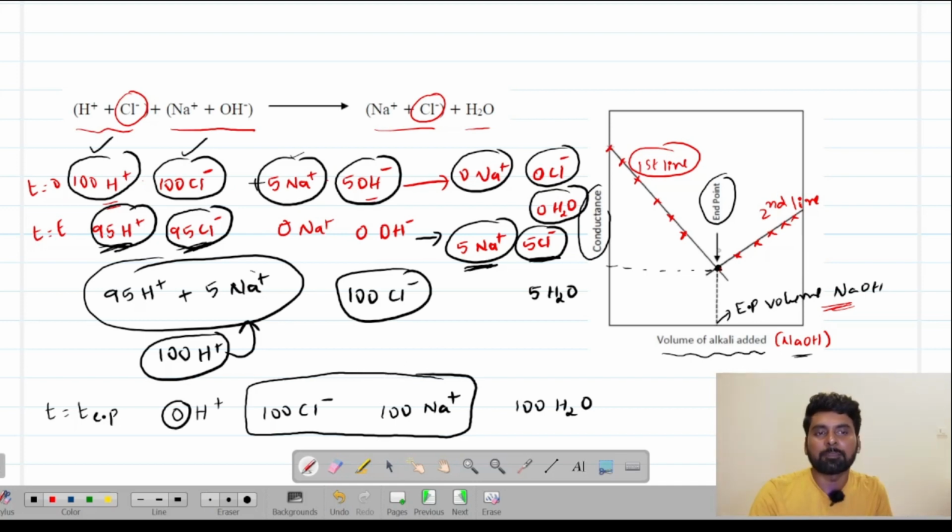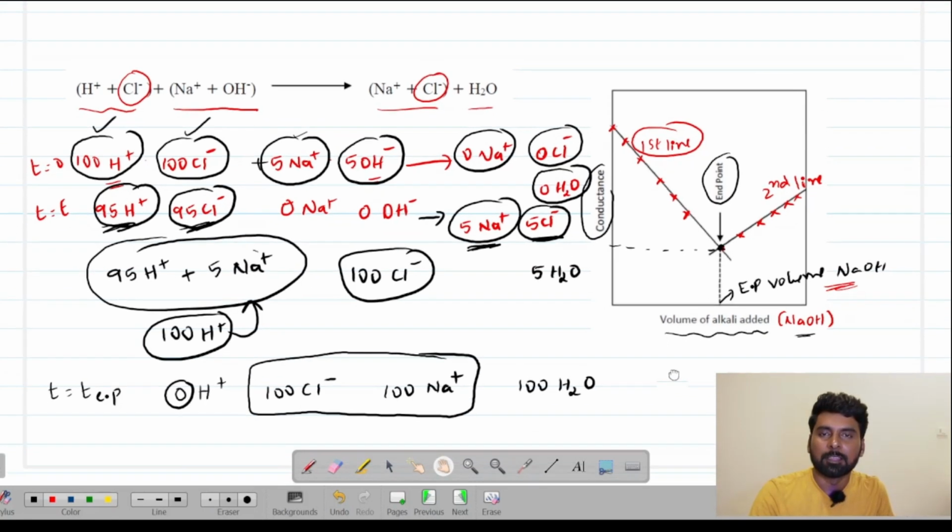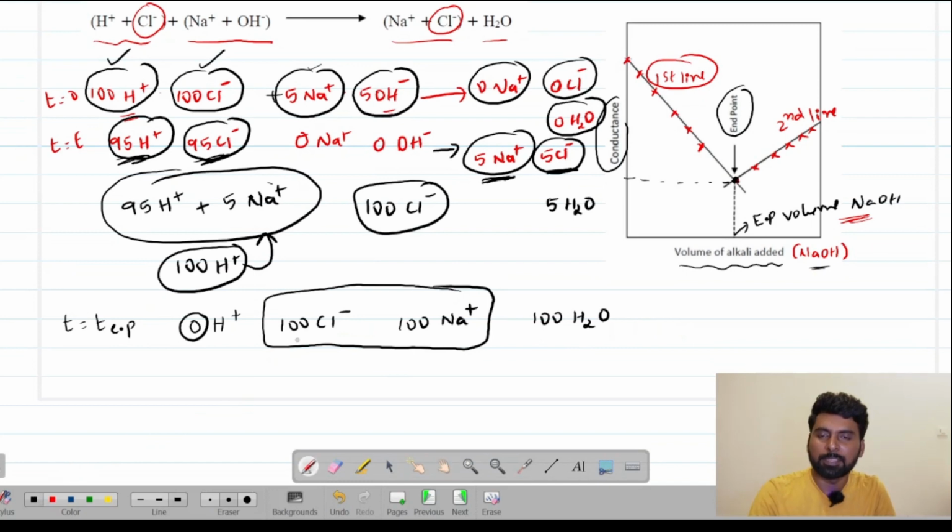But after the endpoint, when you see the graph, the conductance is increasing. What is the reason for that? Because you don't know where the endpoint is, you keep on adding the NaOH from the burette. After the endpoint, there is no H plus, but once you add NaOH from the burette, which ions are being added? OH minus ions. Let us say you added 5 NaOH after the endpoint.